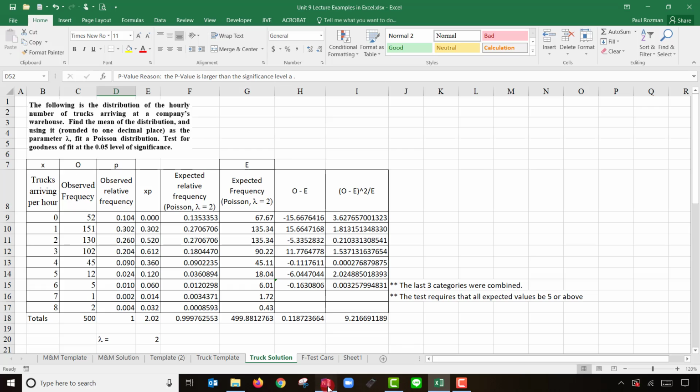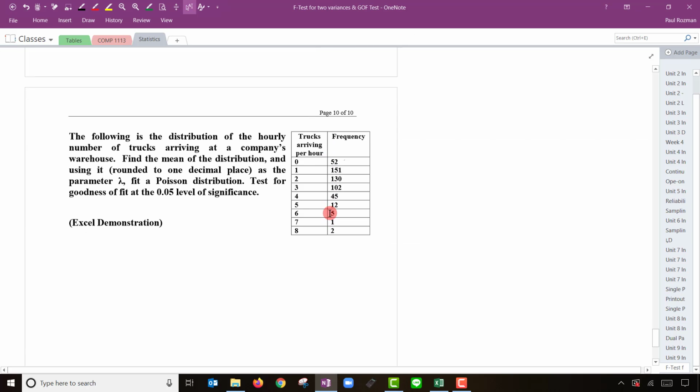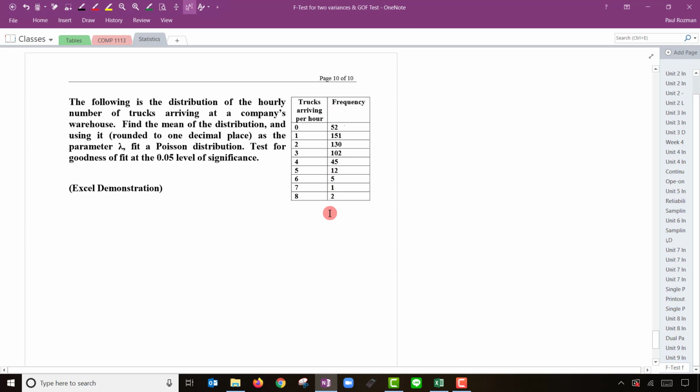We've done a lot of different tests now. Part of the problem you're going to start running into is figuring out what kind of question you have. They're pretty easy when they're in the lecture notes because we just learned the topic and then we do an example. But eventually we're going to mix them all up, and that makes it a little trickier.